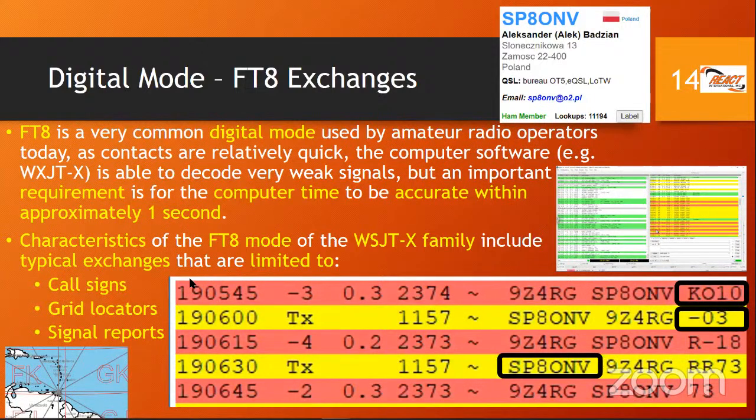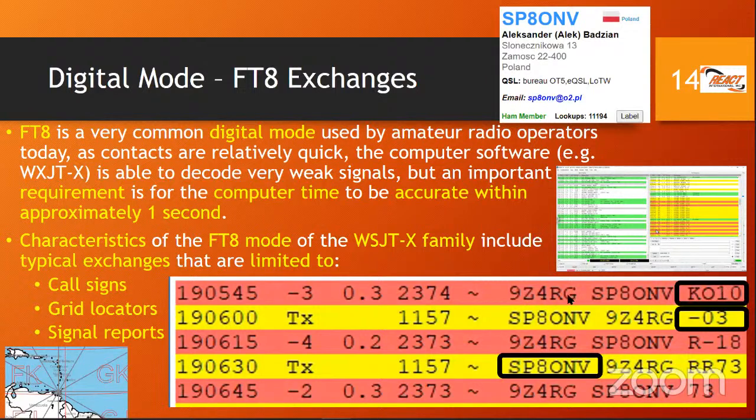These are the contacts. So let's just take a moment to describe what we are seeing here. On our WSJT-X software, this is part of what we'll see on the screen. So it's blown up. This is the whole screen here, but we've just extracted this little piece. So this first row here, you probably guessed that this first number is the time. The second number is the signal strength. This third number is the time difference. And of course, the next number is the frequency offset.